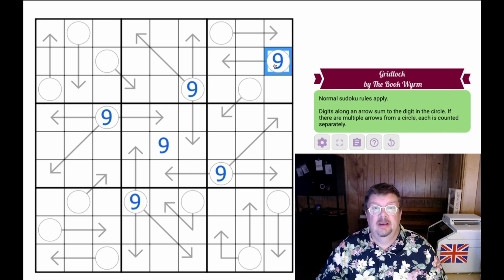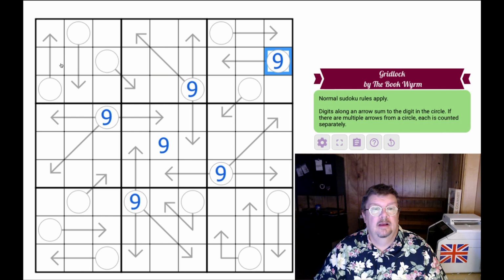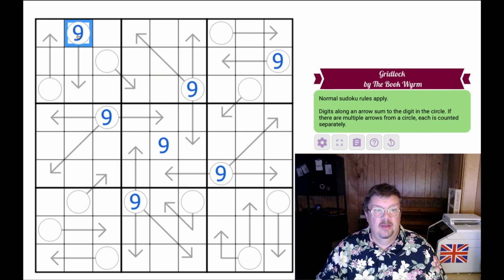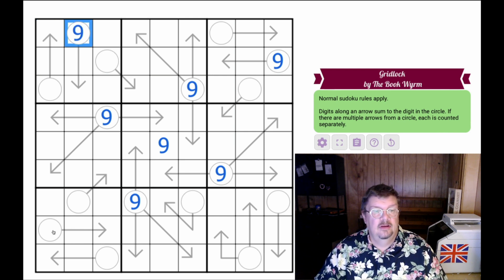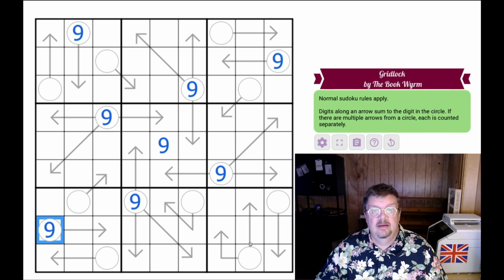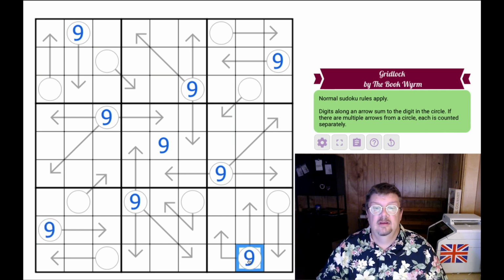So 9 must go here. Likewise, 9 now can't go there or any of these. Can't go there because it's a 2-digit arrow, so that must go there, and then there, and likewise there.